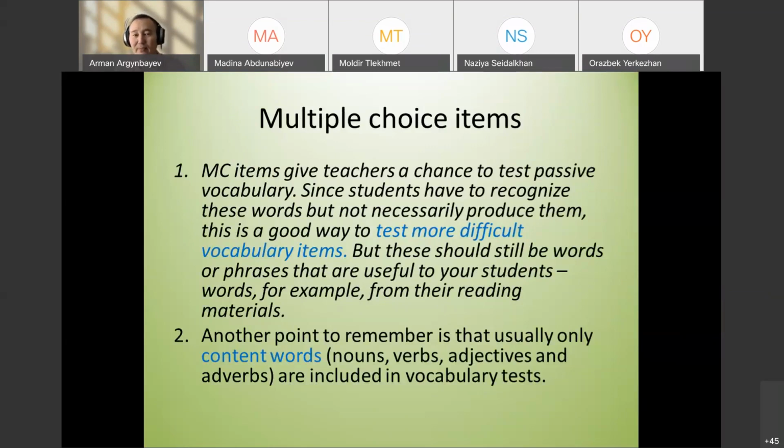Actually, function words relate to grammar. They are not vocabulary. Prepositions of time, again, are more like grammar, because we have to use them correctly.